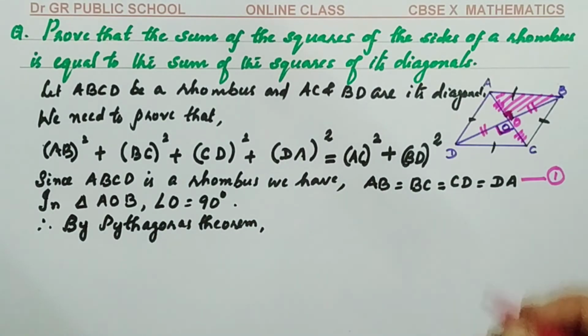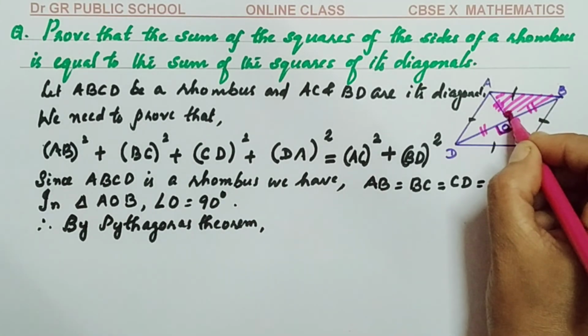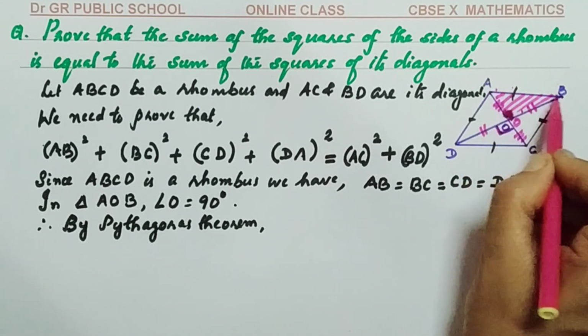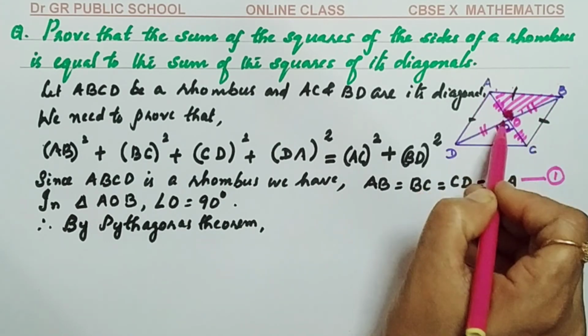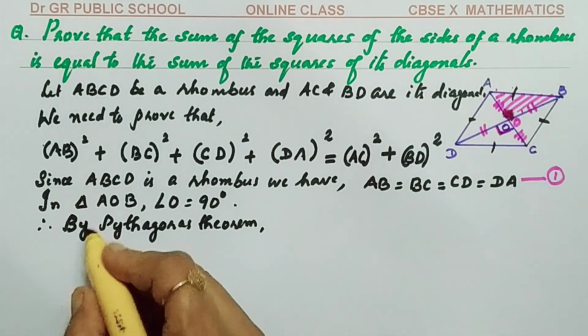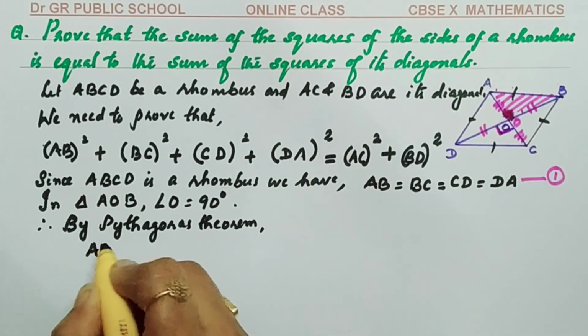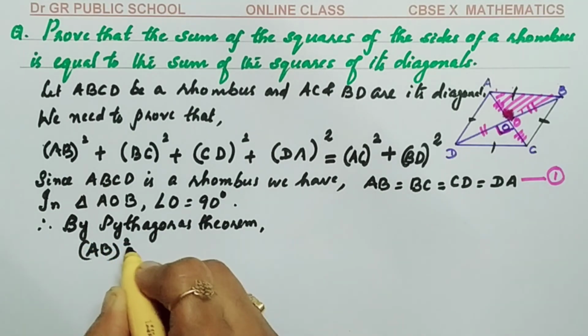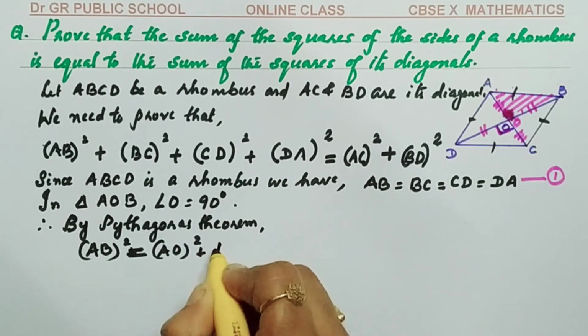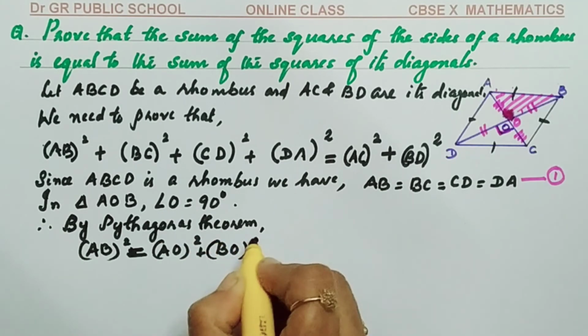If this angle is 90 degree, what does the Pythagoras theorem state? Hypotenuse, opposite side to 90, is hypotenuse. Hypotenuse AB square equals the base AO square plus the altitude BO square.